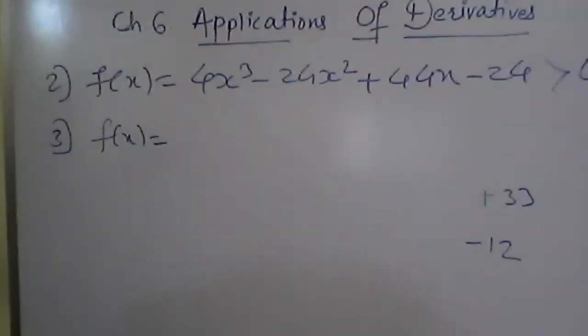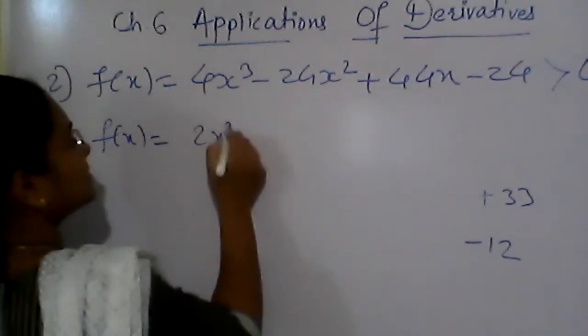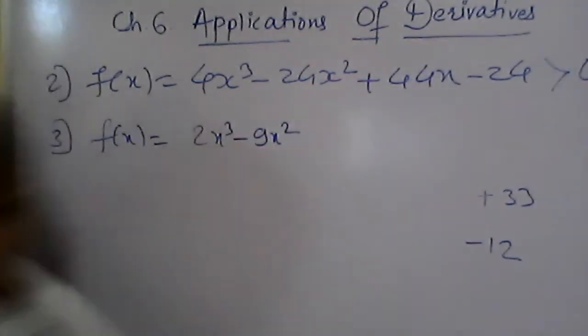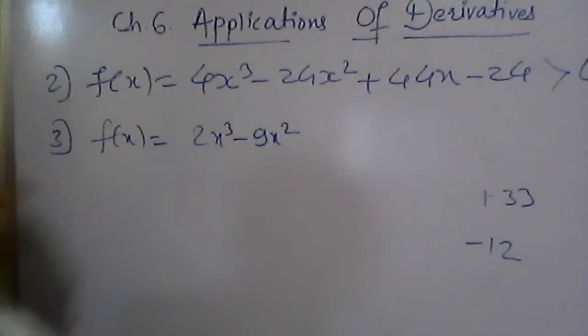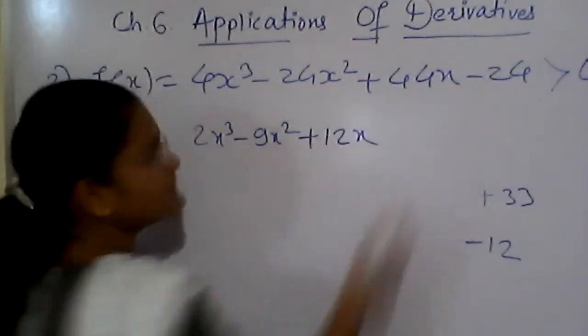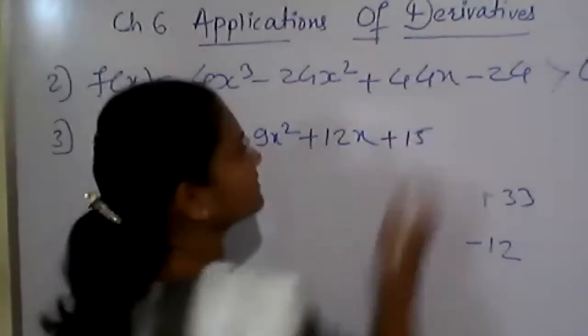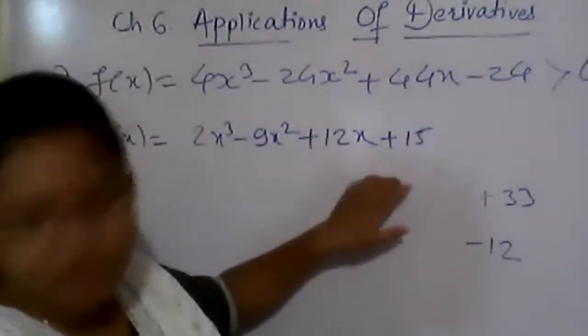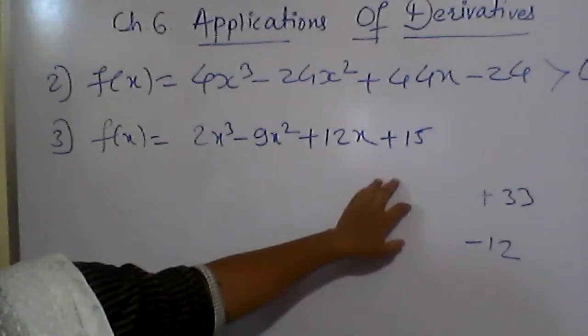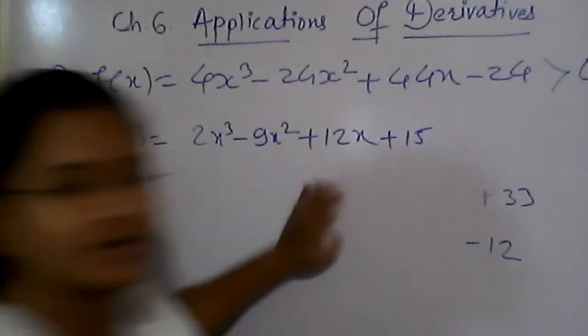F of x is 2x cube minus 9x square. I thought you would be able to solve that, but its factors are not coming out right. Ma'am, that question was from previous years. This question, yes, 2010 and 2011, this was asked.